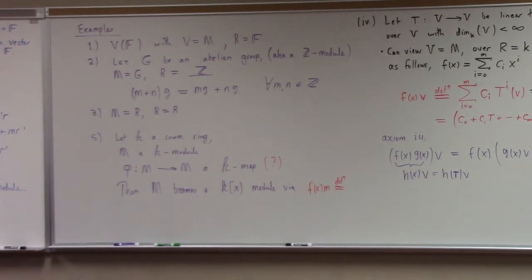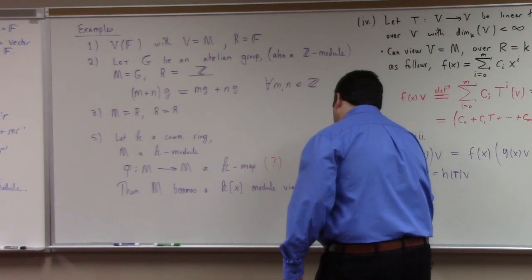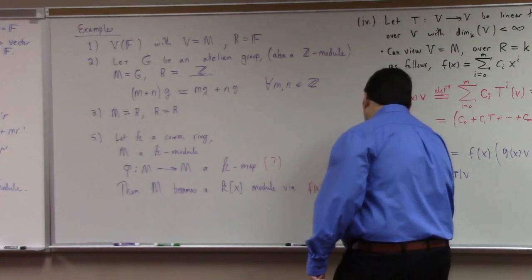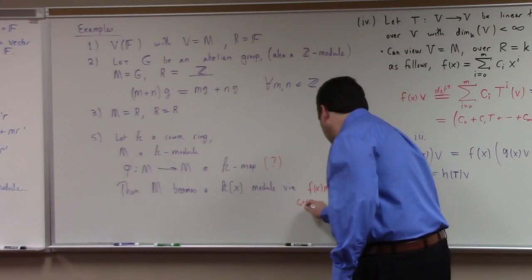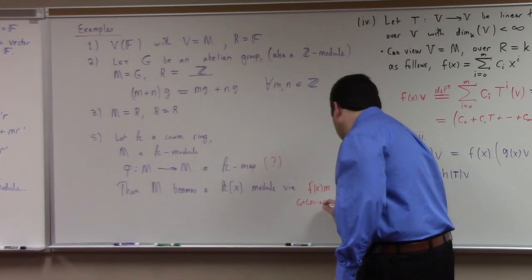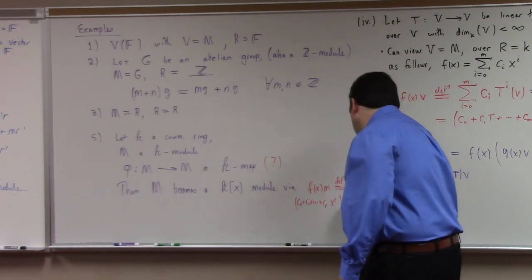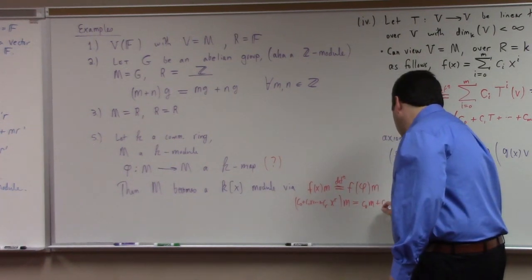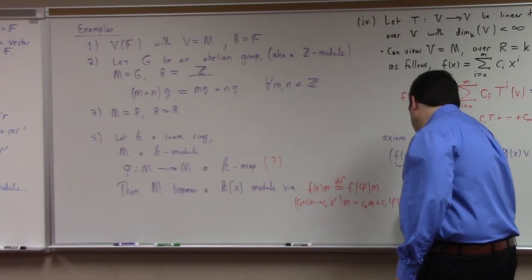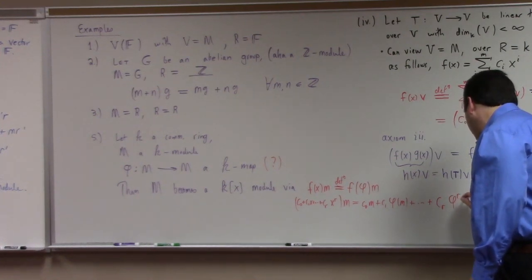The glib definition would be that it's really just f of phi acting on M. To be more specific, f of x is c0 plus c1 x plus, let's say, cr x to the power r, acting on M. So that should be, by definition, c0 on M plus c1 phi of M, up to cr, the rth power of phi acting on M.